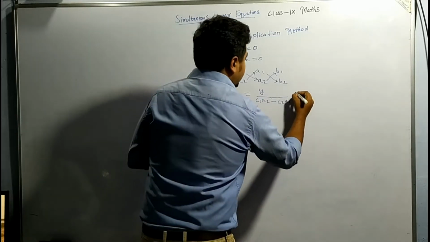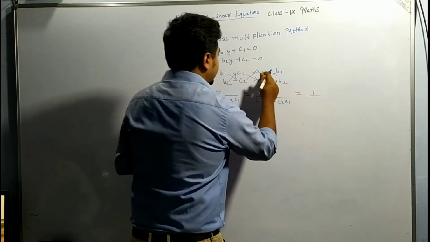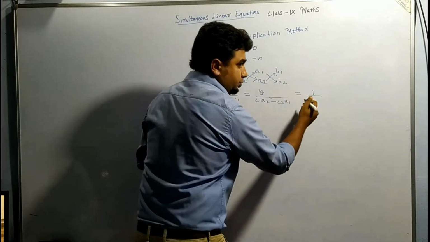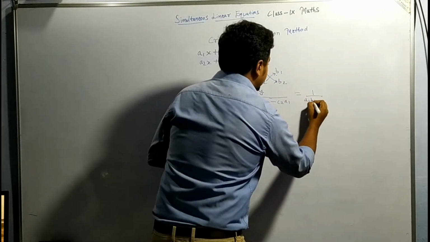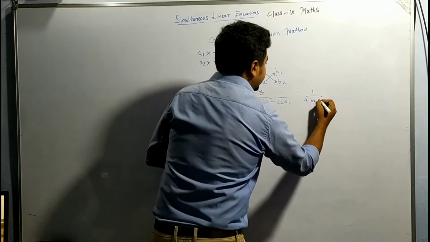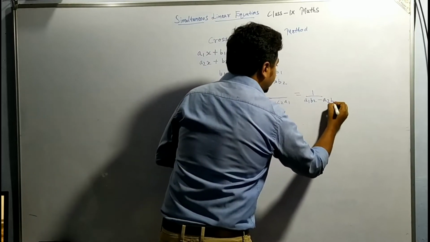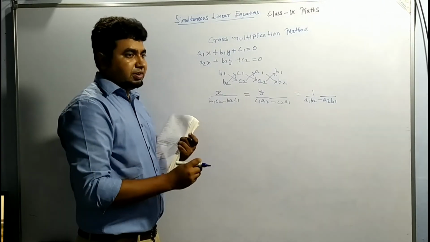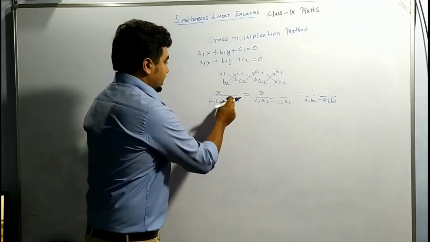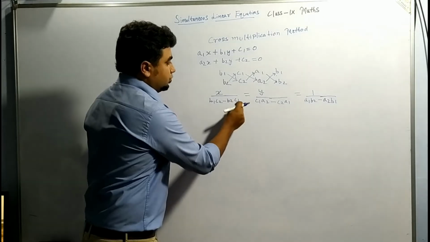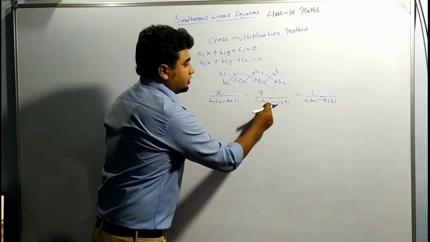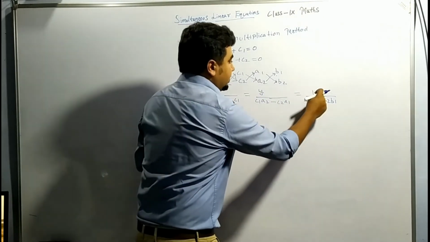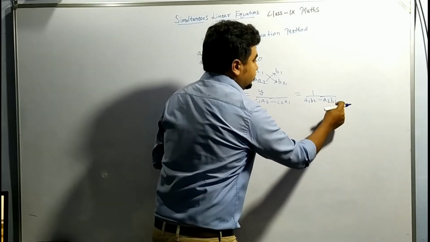Now the last part, 1 by a1 into b2 minus a2 into b1. So in this: x by b1 c2 minus b2 c1, y by c1 a2 minus c2 a1, and 1 by a1 b2 minus a2 b1.